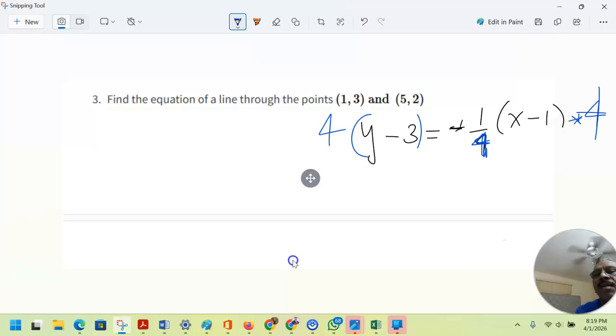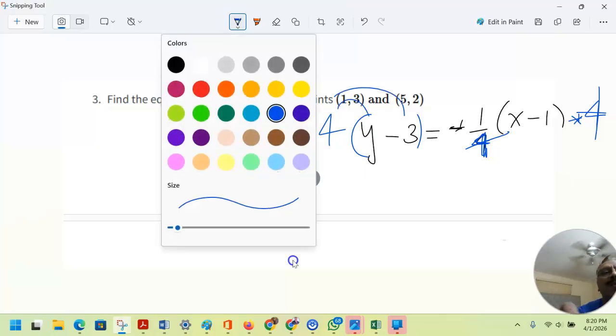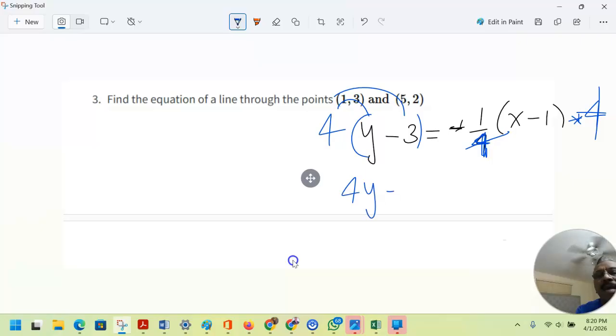So this 4 and this 4 cross out. Use the distributive property right here. So you get 4y minus 12 equals, and there's a negative outside the parenthesis, so negative 1 gets multiplied to x, negative 1x, and negative times negative is positive 1.